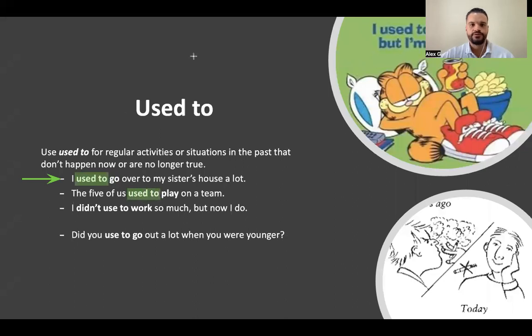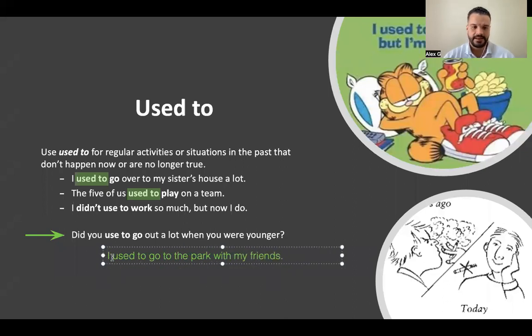Make sure that you use the regular form of the verb after used to. Here we have a question. It says, "Did you used to go out a lot when you were younger?" And we could answer by saying something like, "I used to go to the park with my friends," right?